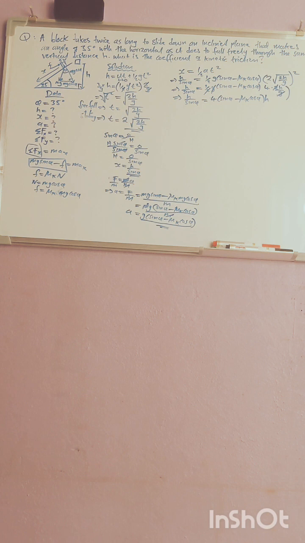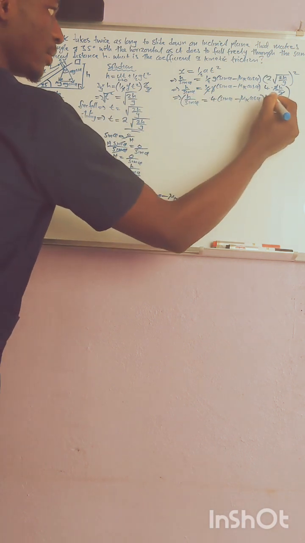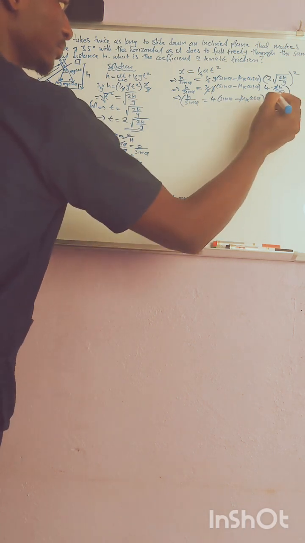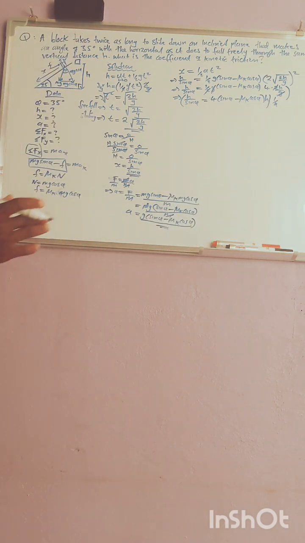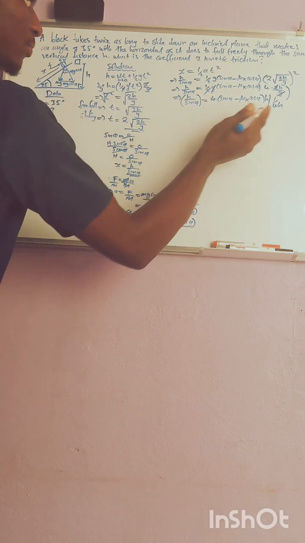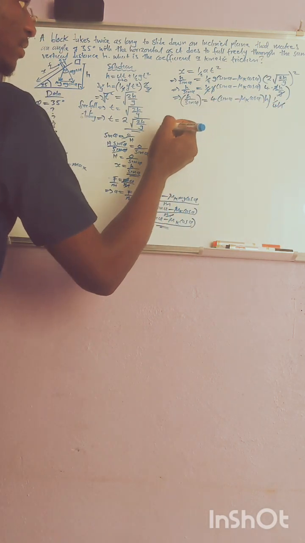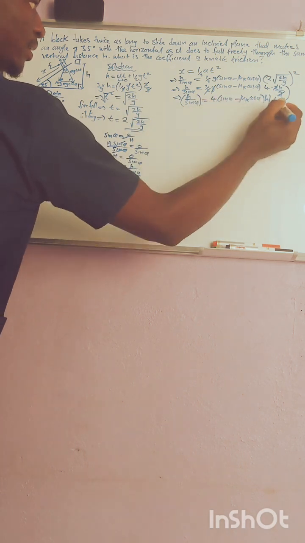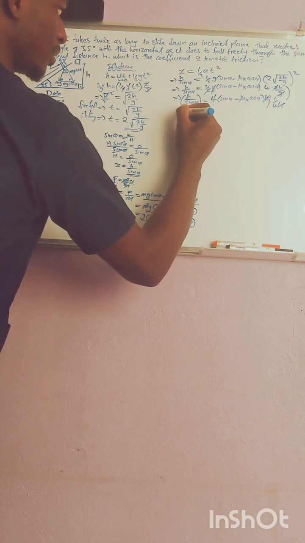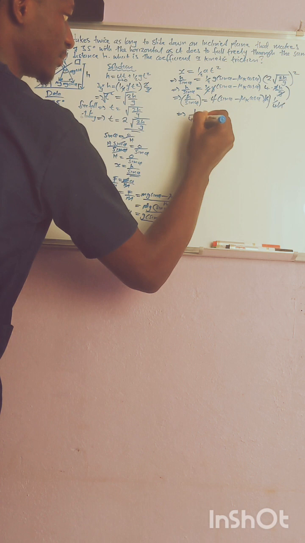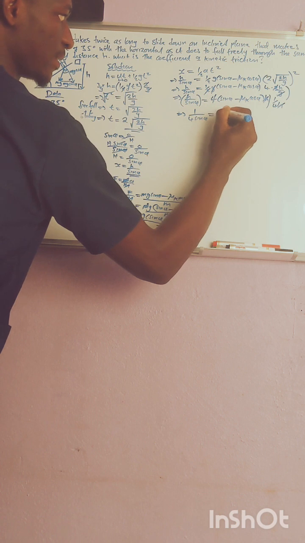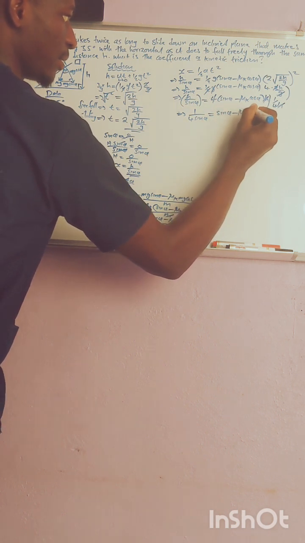To make it easier, I'll multiply by 1 over 4h. Multiplying by 1 over 4h, the h and the h here will cancel. We'll have 1 over 4 sin theta is equal to sin theta minus mu k cos theta.